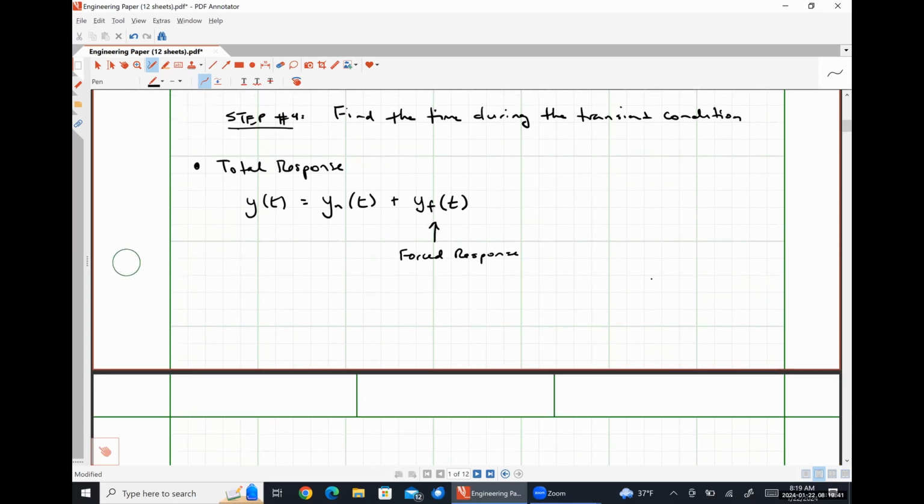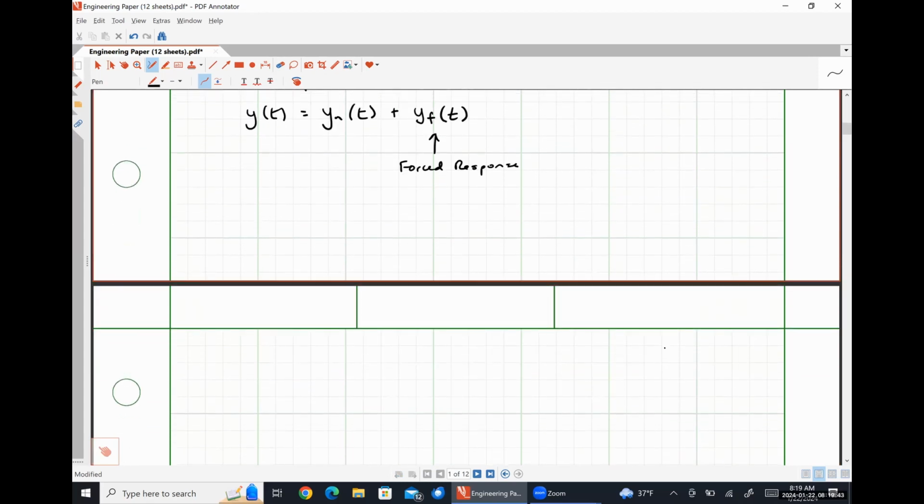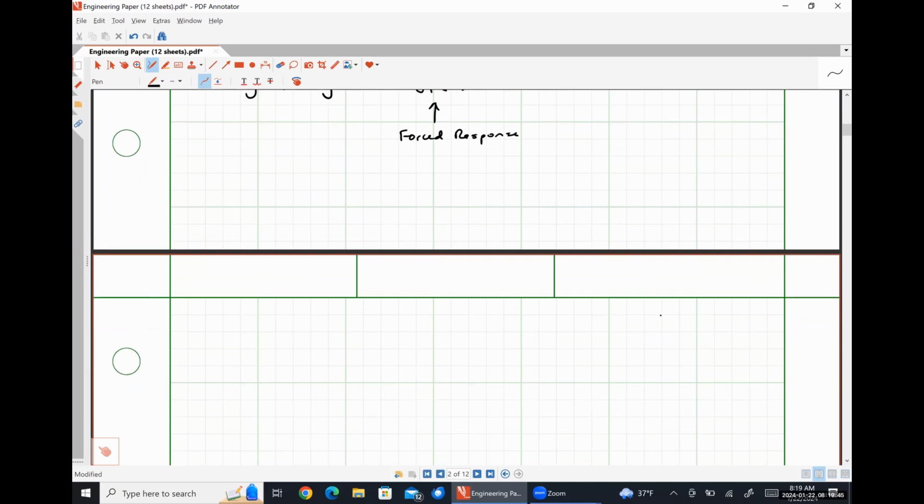So if we were to look at the following circuit, let's make this the easy RC circuit that we were looking at before. And now our switch is going to be closing at t is equal to 0.